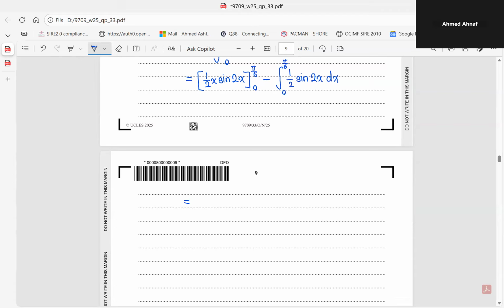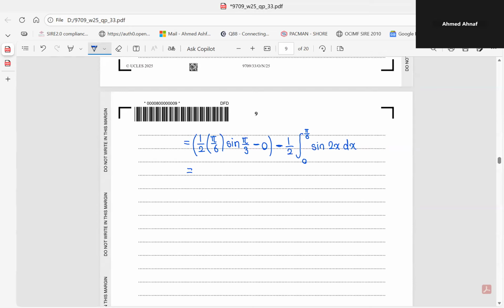Let's continue over the next page. Substitute into half x sine 2x. You would get half times pi over 6 times sine of 2 times pi over 6, which is pi over 3, minus half times 0, which automatically becomes 0. Then minus, we can take out the half in this case, so minus half integral from 0 to pi over 6 of sine 2x dx.